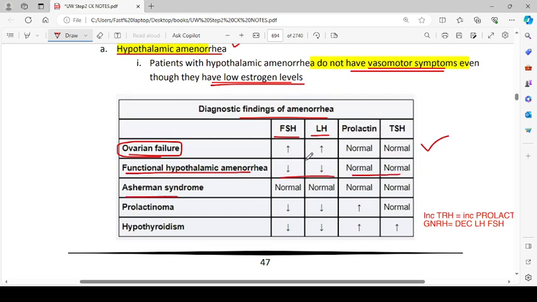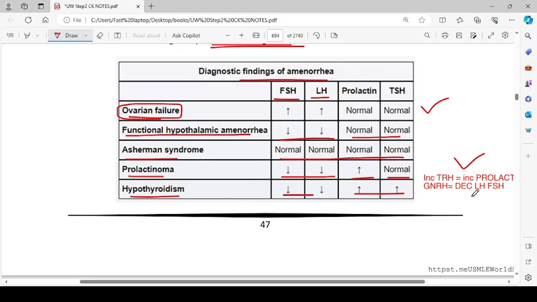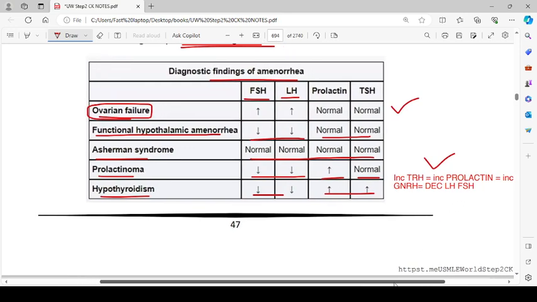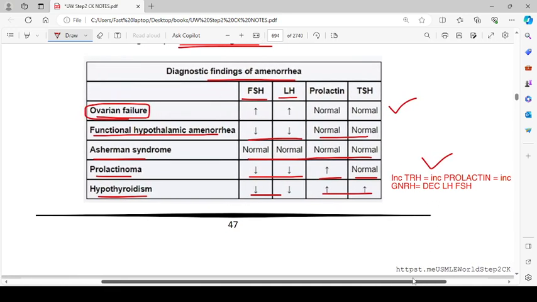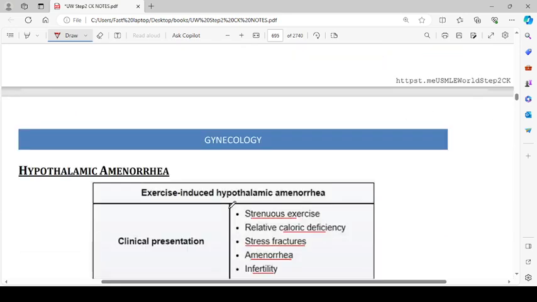In Asherman syndrome, FSH, LH, prolactin and TSH are all normal. Prolactinoma, FSH and LH are low, prolactin is high and TSH is normal. Hypothyroidism, FSH and LH are low and prolactin and TSH are high. Increased TRH, thyrotropin releasing hormone, increases prolactin, that will result in decreased GnRH and decreased LH and FSH.